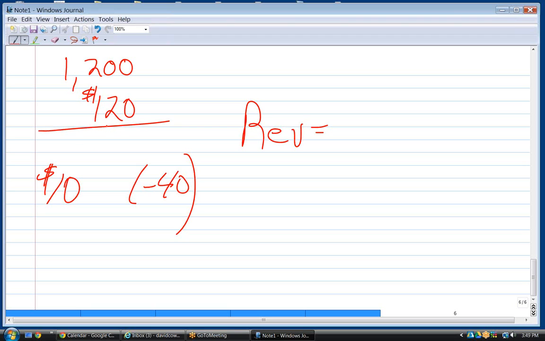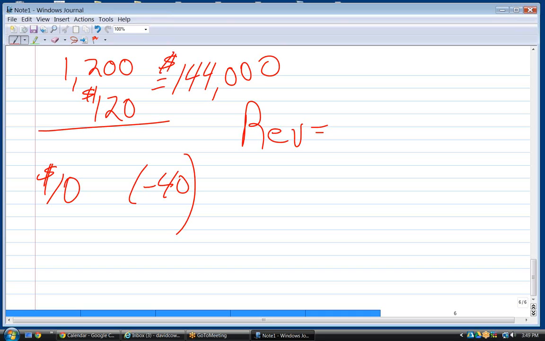Well, it's the number of season ticket holders times the price of each ticket, right? In other words, currently, the revenue is 1,200 times 120, or $144,000. That's what existing revenue is. They want to boost it.